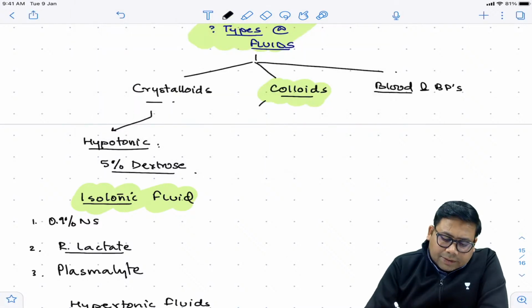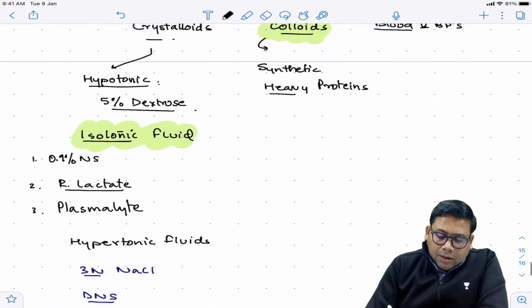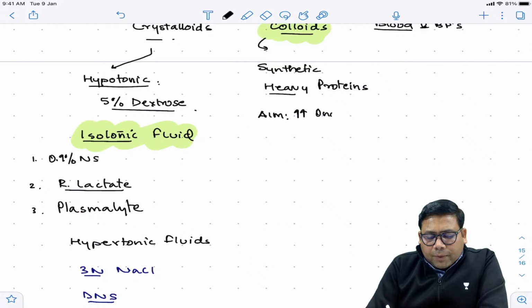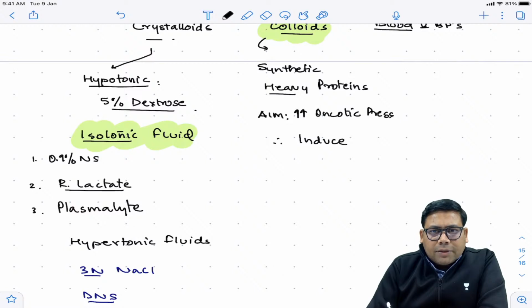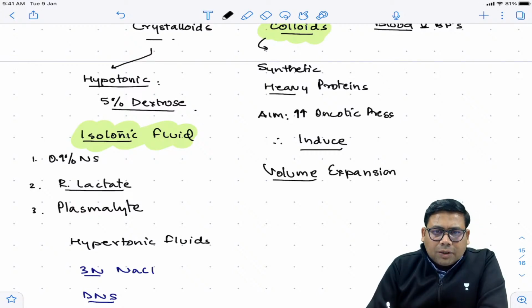They are nothing but synthetic heavy protein molecules, and the aim is to increase the oncotic pressure, and therefore they induce volume expansion. How they induce volume expansion, for that you need to go to my detailed courses and see. But here I'll just give you a brief idea.